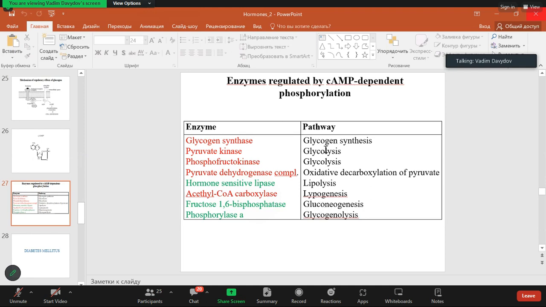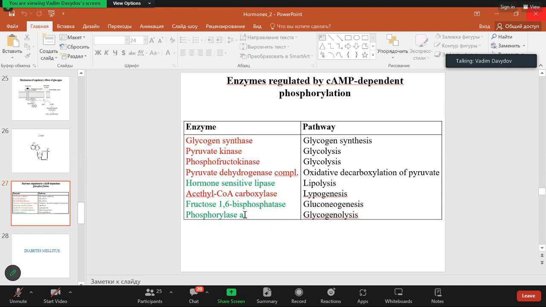As a result of all those effects, the concentration of glucose in the blood increases, with increased secretion of glucose into the blood.